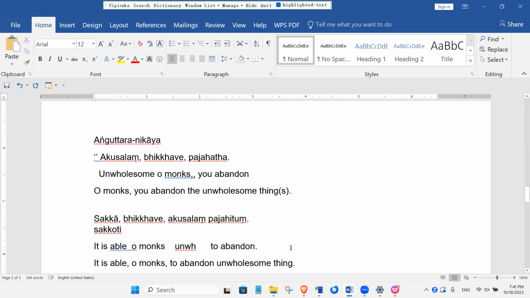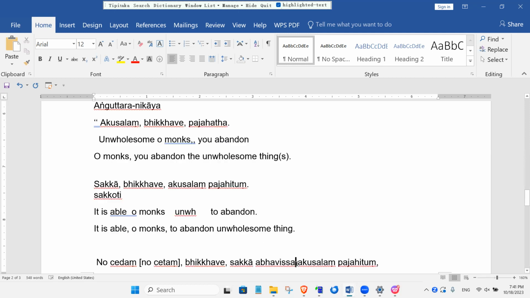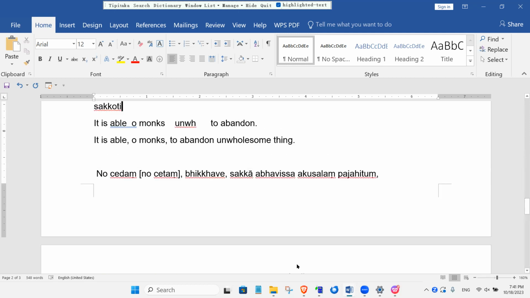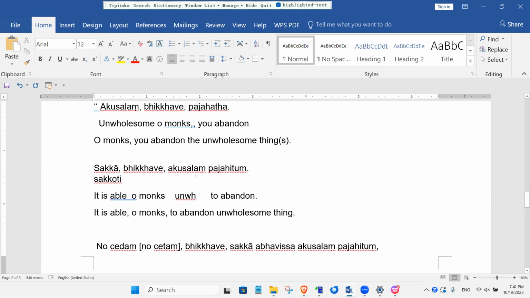Since it's singular, we just follow the singular. So you can see the Buddha is repeating: O monks, you abandon the unwholesome things. This is like a command or opening sentence. Then the Buddha starts to explain more. It is able, O monks, to abandon the unwholesome things.